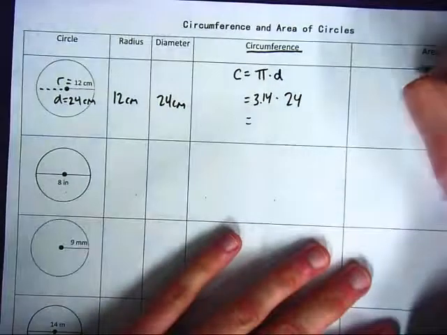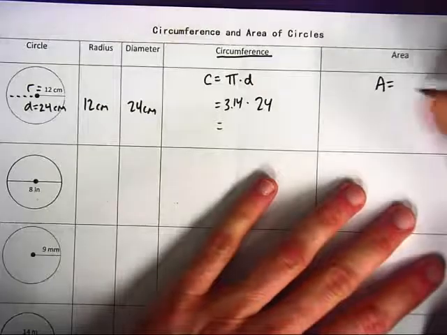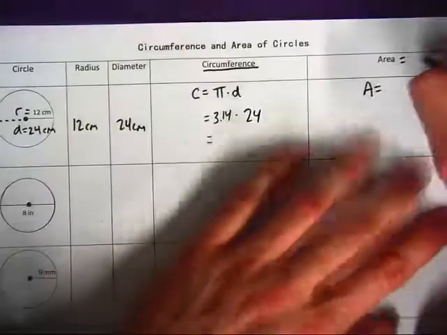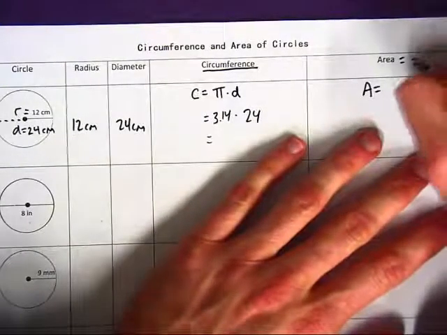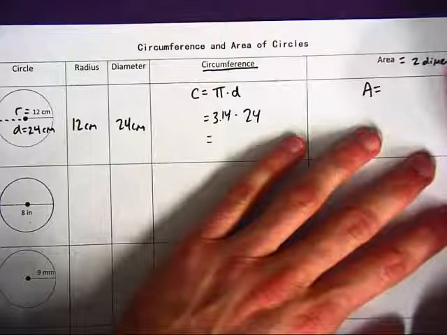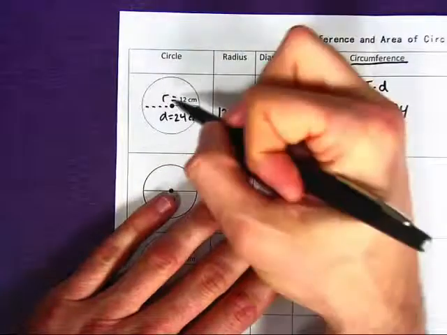To find the area of a circle, it's a little bit different. Think about area: if we were talking about a rectangle, area would be base times height. Area is two dimensions. What's weird on a circle is that because it's round, you don't necessarily see the two dimensions.